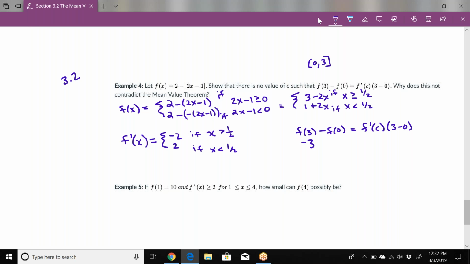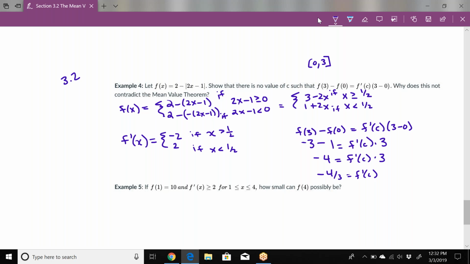And if we plug in 0, 0 is less than a half, so we use the bottom equation, 1 plus 2 times 0, so the value is 1. So -3 minus 1 is -4, which equals f prime of c times 3. That would be -4/3 equals f prime of c.